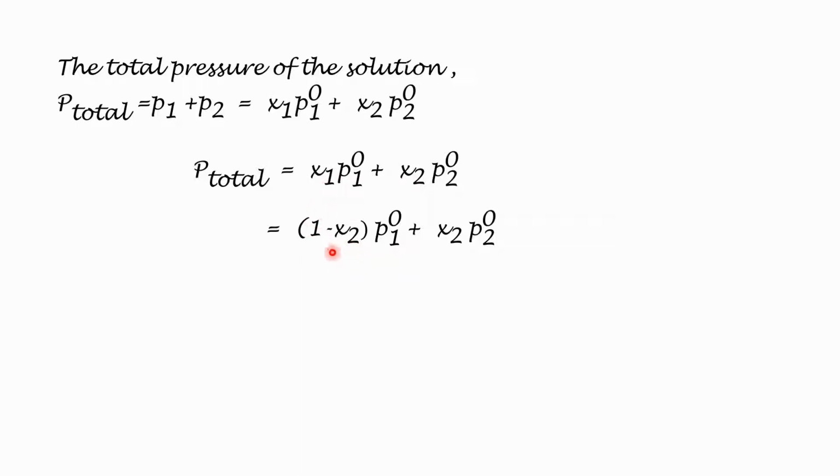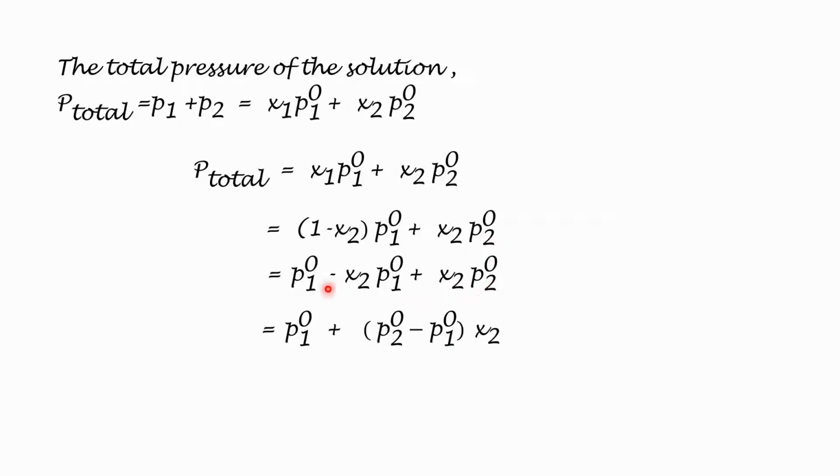So this gives 1 minus x2 into P01 plus x2 into P02. Now when we open the bracket, we get P01 minus x2 P01 plus x2 P02. Now here x2 is a common factor, so this will be P01 plus P02 minus P01 into x2.